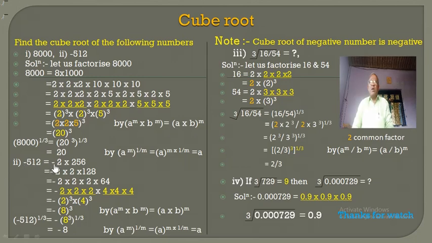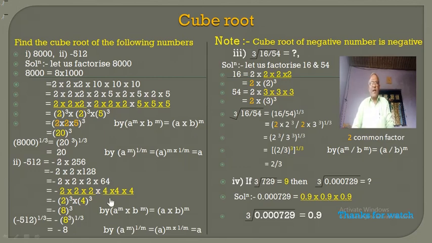So to factorize this number, we take the minus sign as it is and factorize 512 as 2 into 256. 256 again is factorized as 2 into 128. Here 128 again is factorized as 2 into 64.